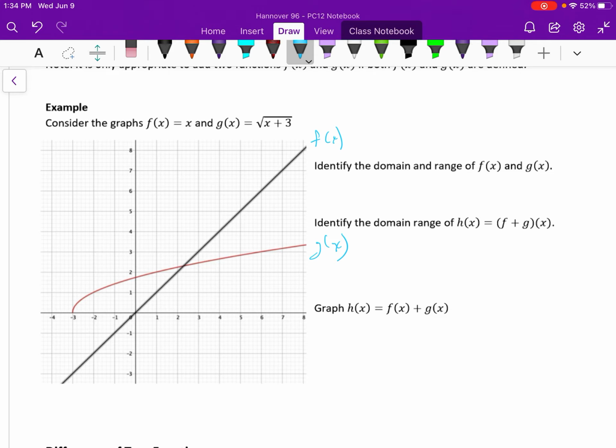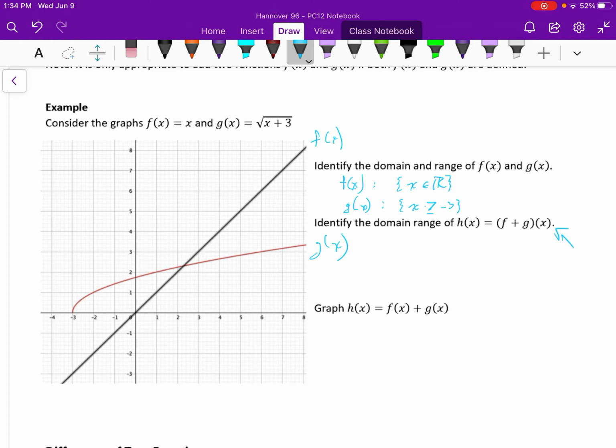When we take a look at f and g, what is the domain of f and g of x? Well, for f of x, the domain is x an element of the reals. For g of x, the domain is x greater than or equal to -3.